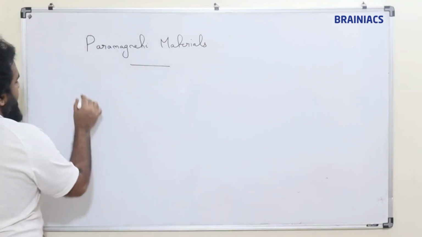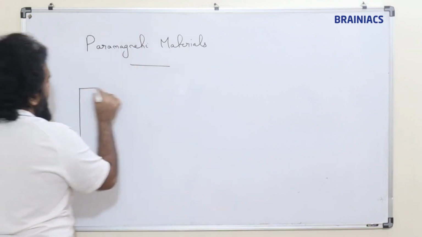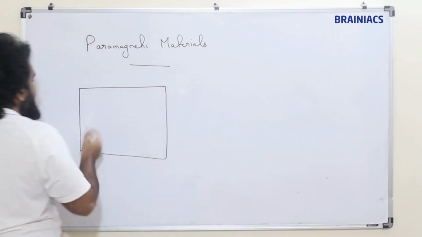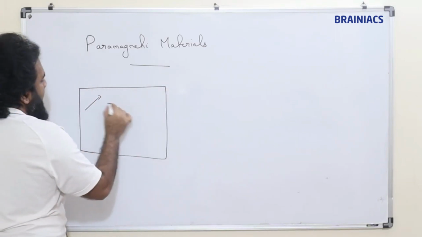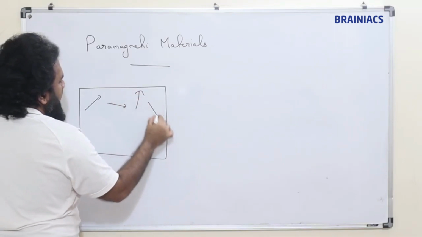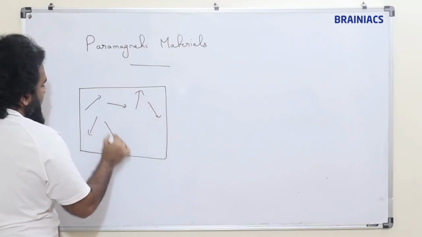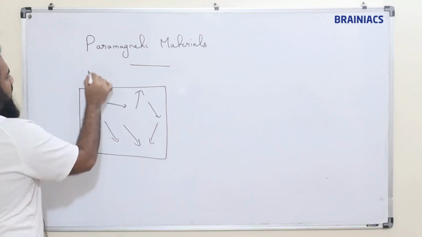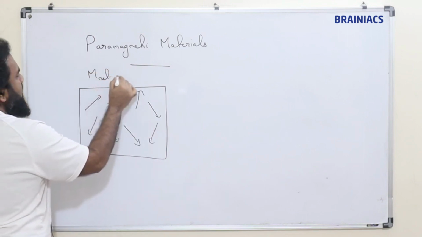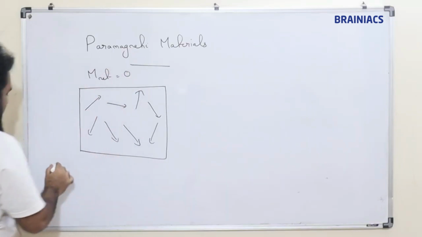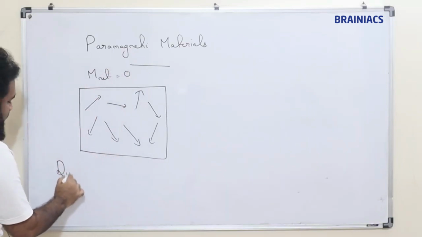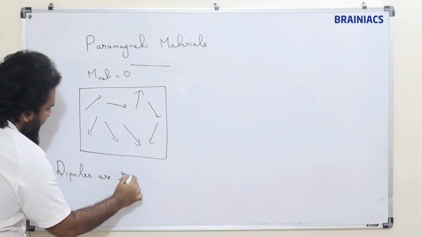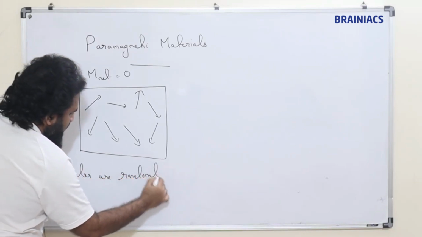So if we consider a paramagnetic material, there will be atoms with a dipole moment. The net dipole moment is equal to 0. Why? Because the dipoles are randomly arranged.